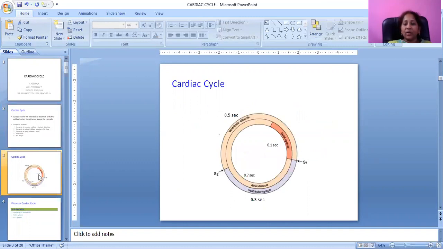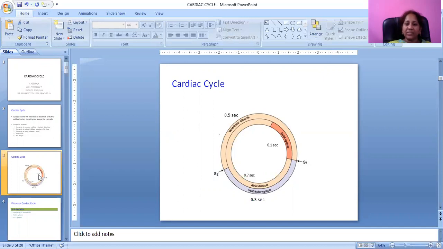Coming to the stages in the cardiac cycle: ventricular diastole will last for 0.5 seconds, and atrial systole will be 0.1 second. These go in a circular, cyclic manner, so it is called a cycle. The phases are ventricular systole, then ventricular diastole, auricular systole, then auricular diastole.